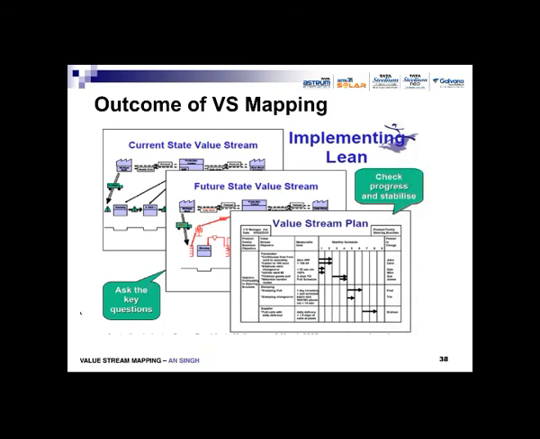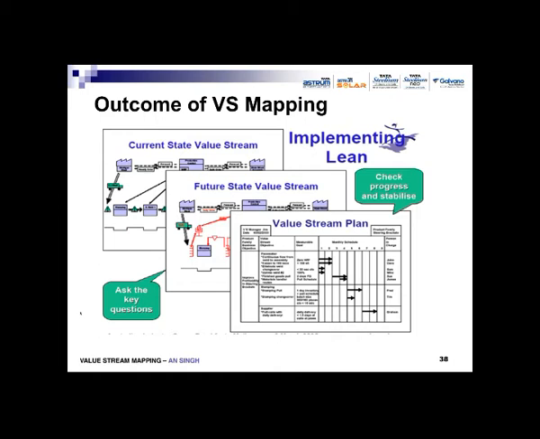These are the three main documents generated in value stream mapping. First is the current state value stream map, the as-is condition, how your process is operating. Once the current state map is made, it is analyzed, problems are identified, and it is visualized how the value stream map would look in the future state after solving the problems.